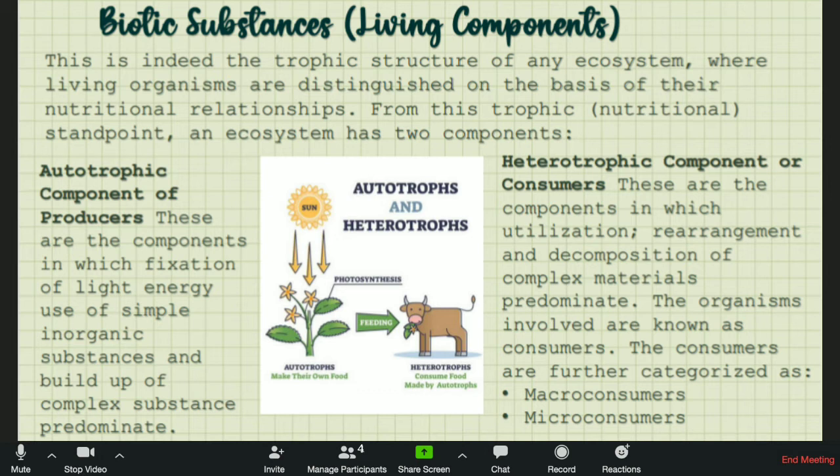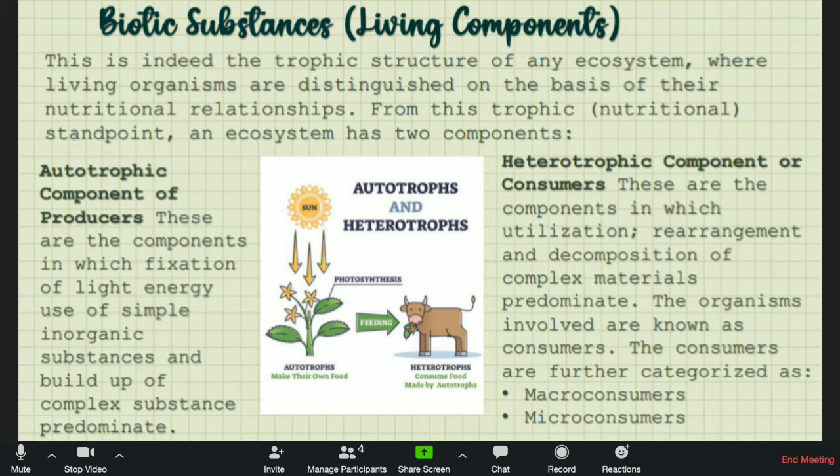This is indeed the trophic structure of any ecosystem, where living organisms are distinguished on the basis of their nutritional relationships. From this trophic or nutritional standpoint, an ecosystem has two components. The first one is the autotrophic component or producers.